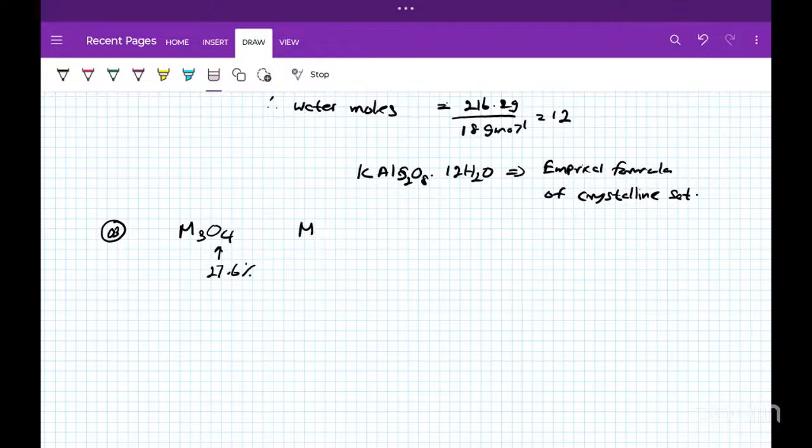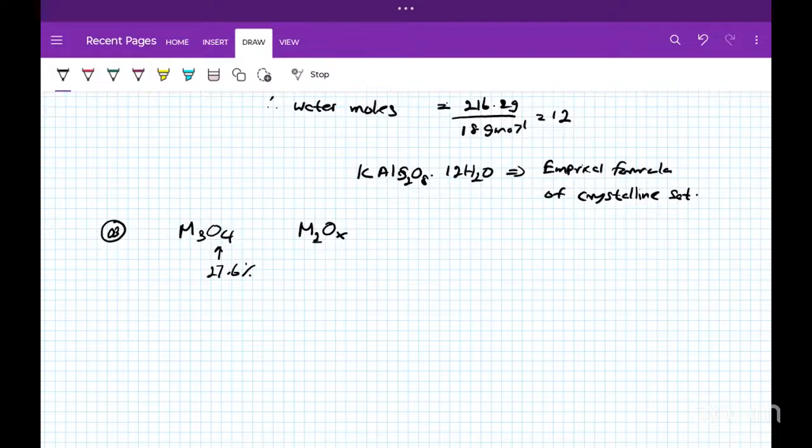So this one we can take as M2OX. Why have I taken this as 2? Because oxygen always comes as O2 minus ions, right? M3O4 means it is a combination of two compounds. That's how it is created.